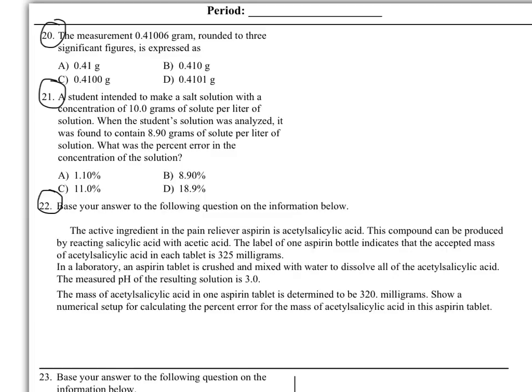Now let's take a look back at our review sheet. The first question asks us to round this number to 3 significant digits. Looking at the number, the first important thing is to identify which digits are significant. I will be applying the Pacific rule as there's a decimal present, so as written, this number has 5 significant digits.